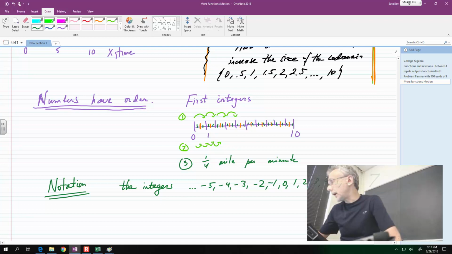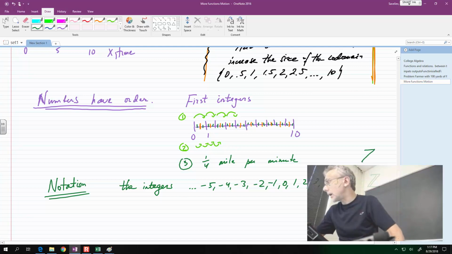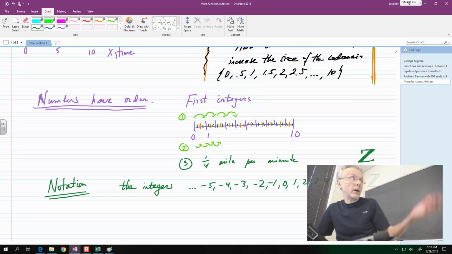denoted by capital Z. So in the book you'd see it written like this. It's just boldface. If it is printed, it's printed in boldface, and if you write it by hand, you write it the way I did it on the right at the bottom.